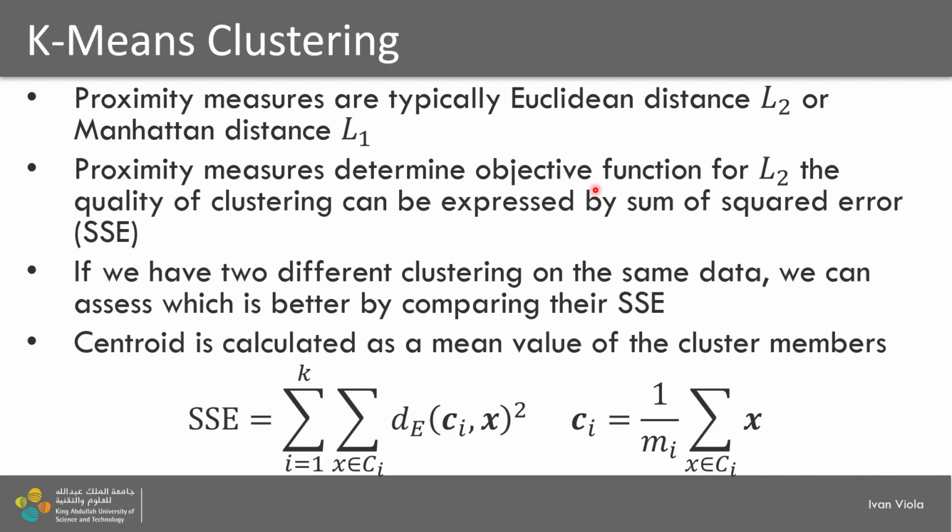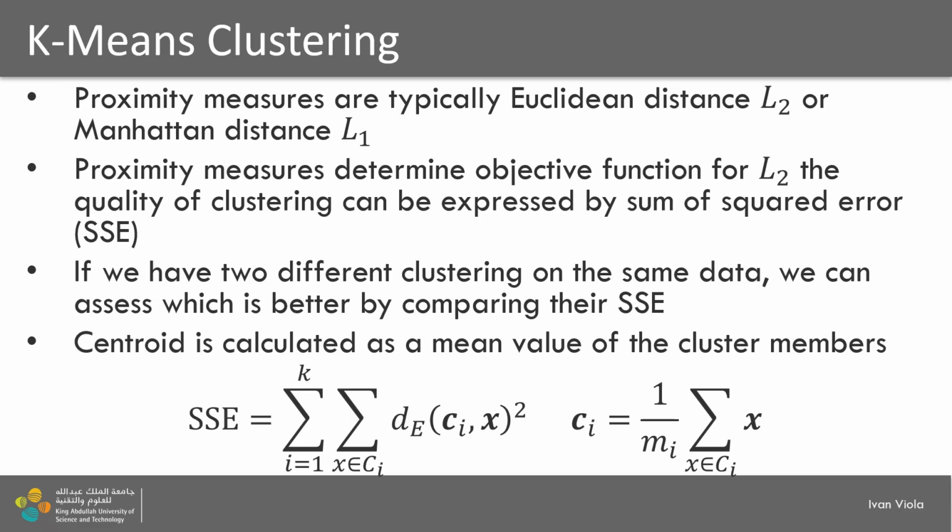The objective function means it's the function of local search. You can see that our points in the k-means are moving iteratively, and it resembles some kind of a hill climbing approach where we are looking for a certain optimal value of some objective function.